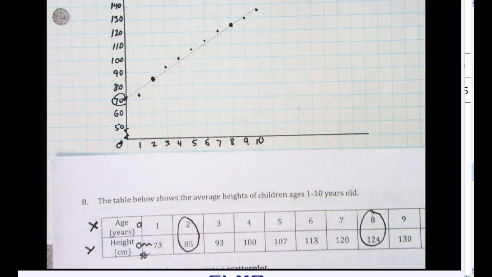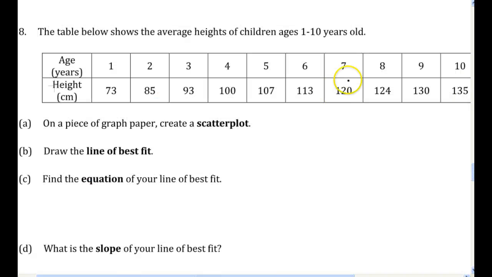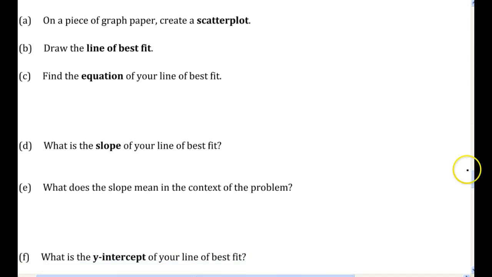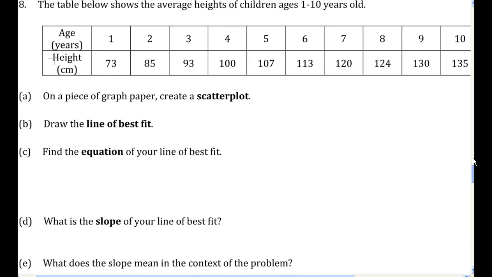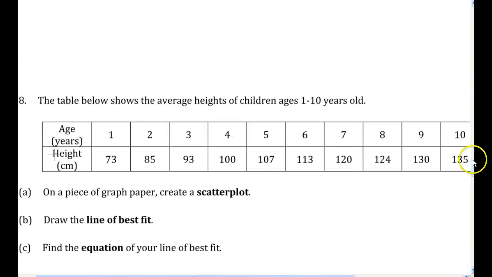Alright, so let's switch it back over. We have find the best fit. Okay. Now it does ask us for the equation first, but first I need to calculate my slope. So as I mentioned before, I'm using 2,85 and 8,124 for my slope.